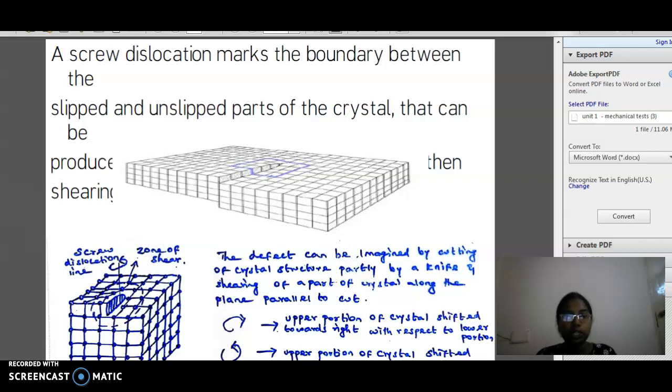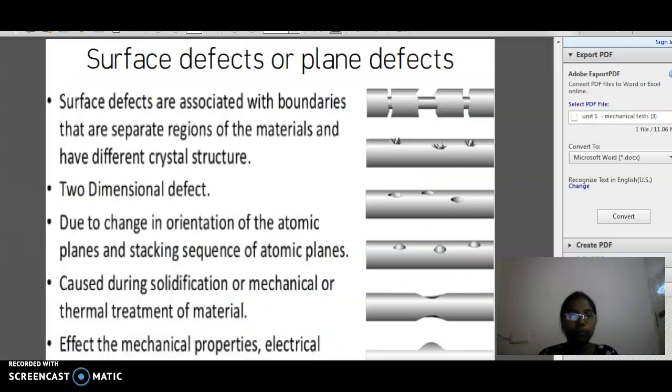The screw dislocation is shown in the figure. The clockwise arrow indicates that the upper portion of the crystal shifted towards the right with respect to the lower portion, and the anti-clockwise arrow indicates that the upper portion shifted towards the left with respect to the lower portion.